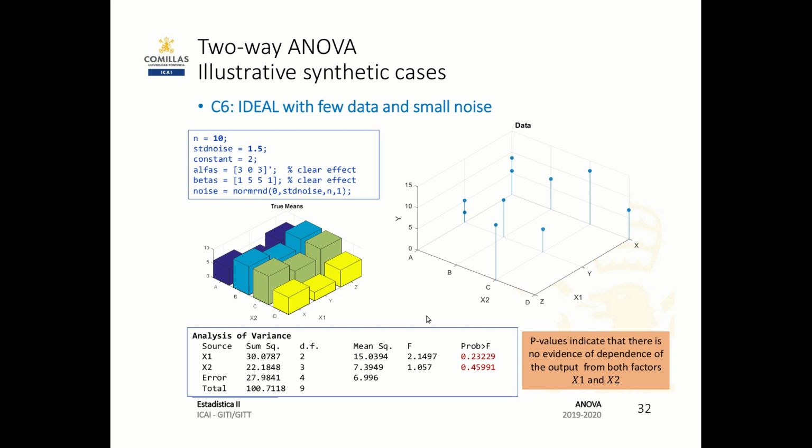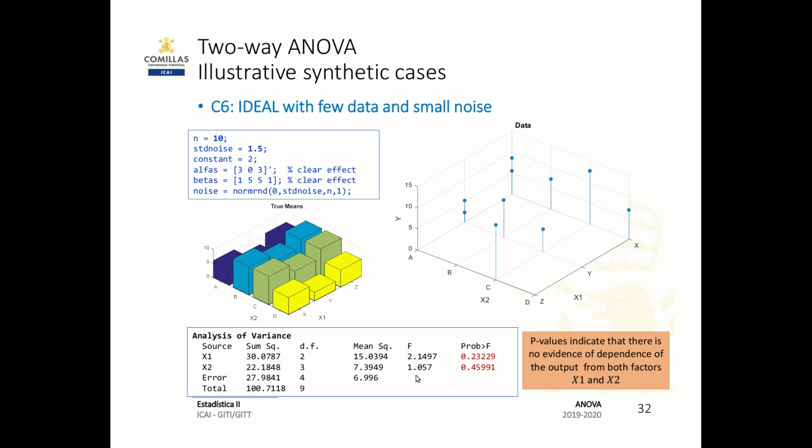Now we have the same alphas and betas, but many fewer observations. There are even combinations for which we don't have any observation. We see A set, for instance, doesn't have any observation. Y, dy also doesn't have.